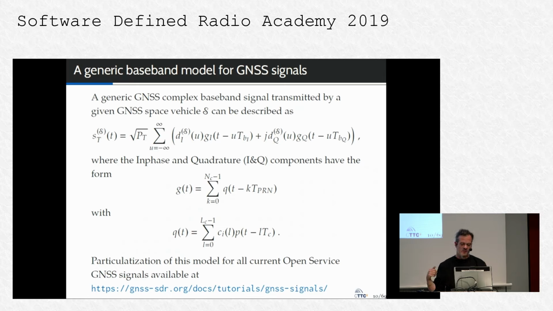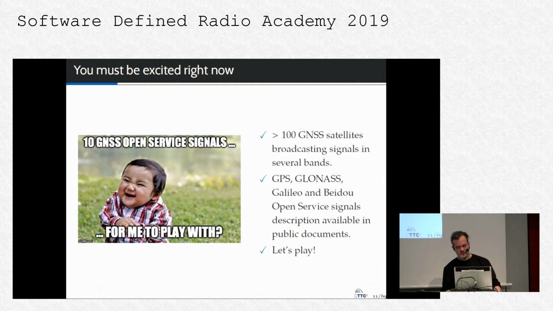These messages convey the Keplerian parameters, which you can use to know exactly where the satellite is at that moment, so you can compute your own position. So we can write particularizations for all kinds of open service signals based on this signal model. So there is a lot to do for aficionados of software radio, because you have a lot of signals and satellites to play with. So let's see what we can do with them.